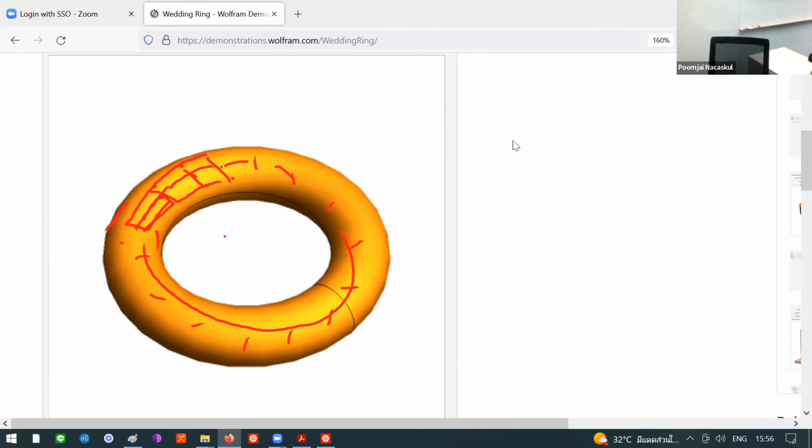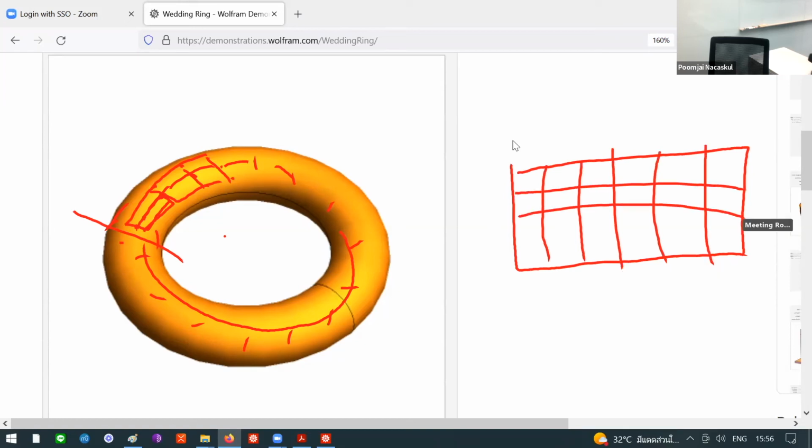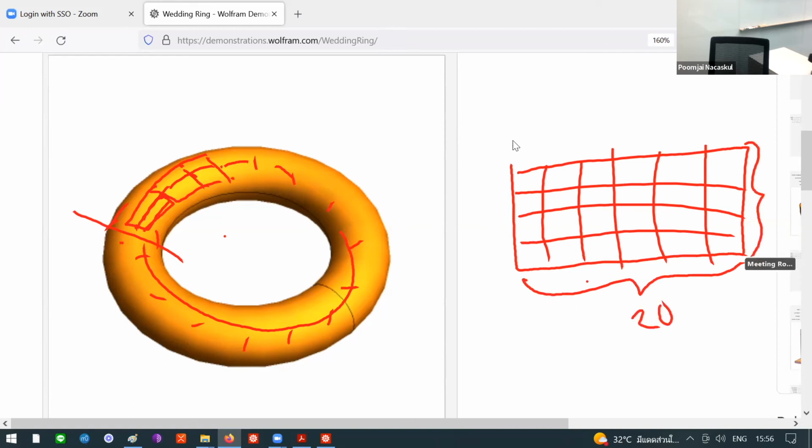I can take a piece of paper, think of this as a torus made of paper. I take scissors and cut it. Look, it's a rectangle. But that's not all. How long is this thing? It's 20 grid points, and here is 10 grid points, let's say. So I cut it.